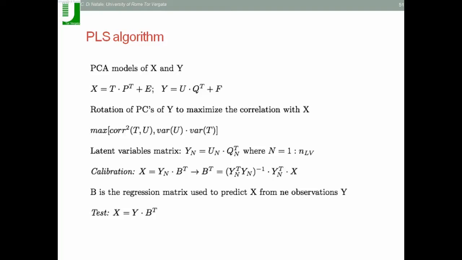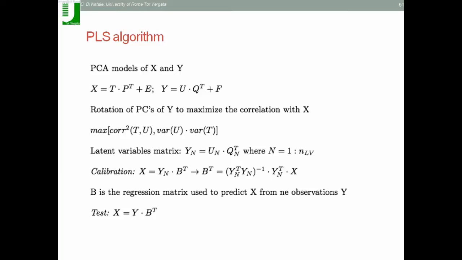So we start calculating the principal components of X and Y, then rotation of the scores of one of them in order to maximize the correlation with the other, and then we can make the decomposition of the matrix according to the number of components. And when we make this rotation, they are no more coincident with the principal components, and they are called latent variables.